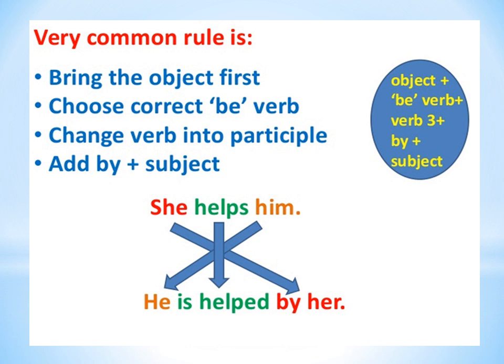Number four, we add the subject at the end of the sentence by using by plus subject. And this is optional. Why? Because if I don't want to know the subject, I am not going to use it at the end of the sentence. But if it is necessary to know it, I am going to use by plus the subject.